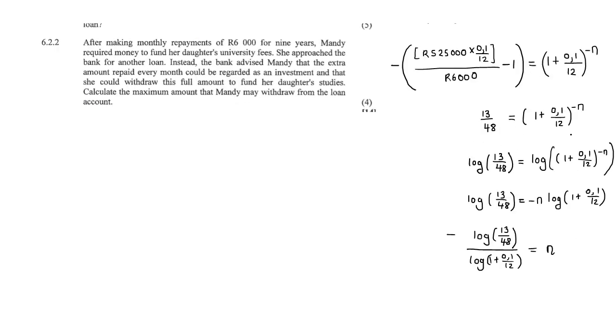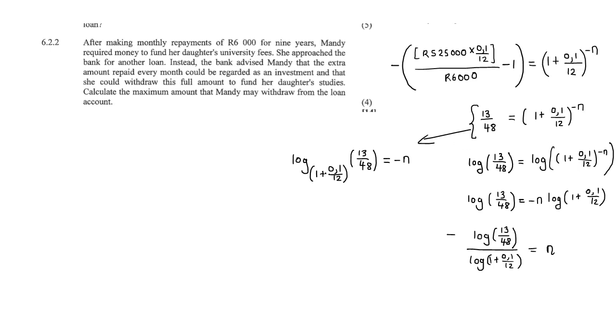That's one way. Going from this step, if you wanted to change into log form, then you would say: log of this specific base, so there's your base, of the number 13 over 48, is equal to the exponent of negative n.